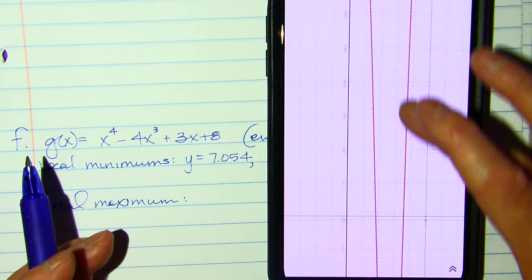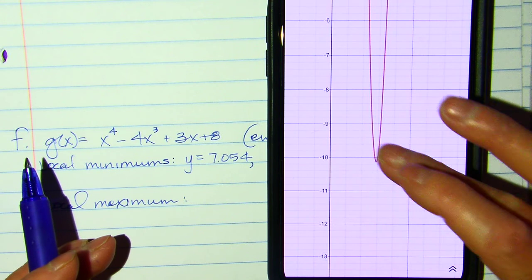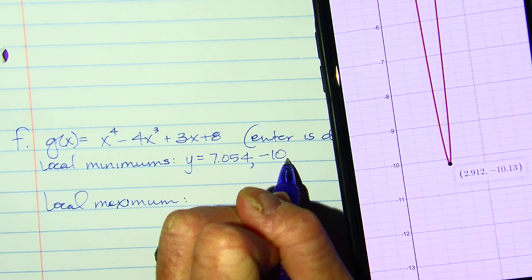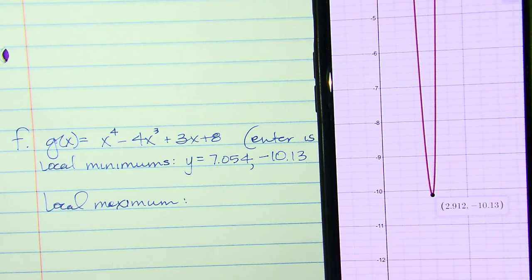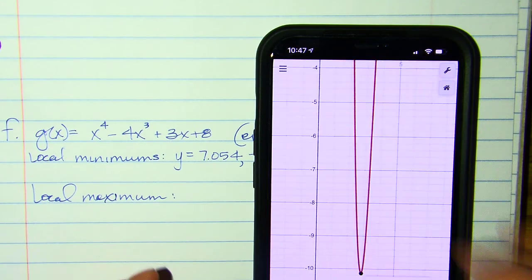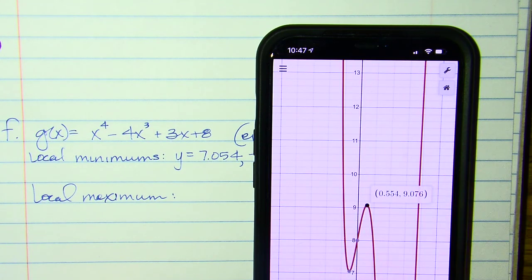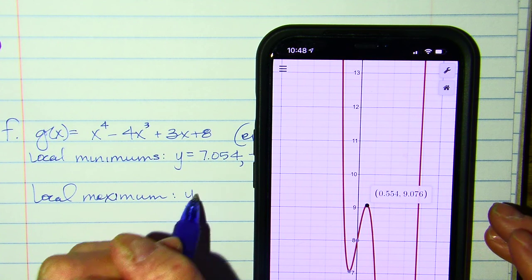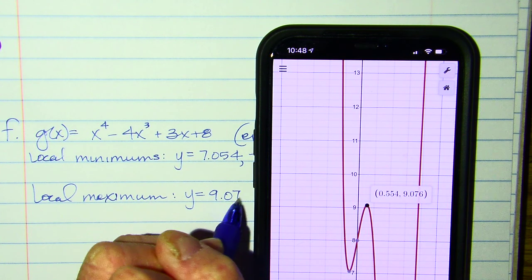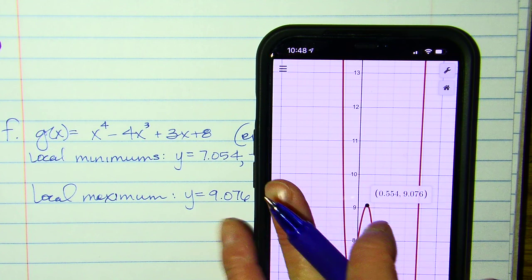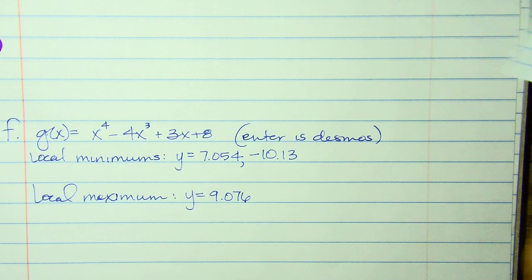And if I go down here, I have negative 10.13. Okay, a local maximum would be the peak, and I have a peak, a mountain, right here at y equals 9.076. And we are going to skip G, so that is it.